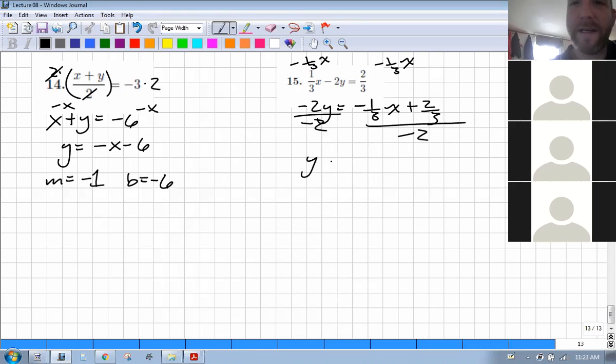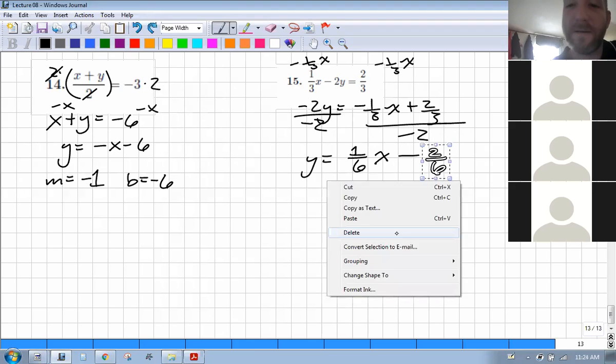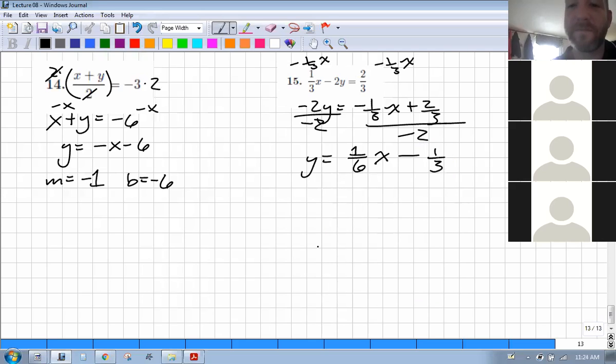So we get y equals -1/3 divided by -2 is +1/6. And 2/3 divided by -2 is -2/6, right? 3 times 2 is 6, which is the same thing as 1/3. So our m here is 1/6, and our b is -1/3.